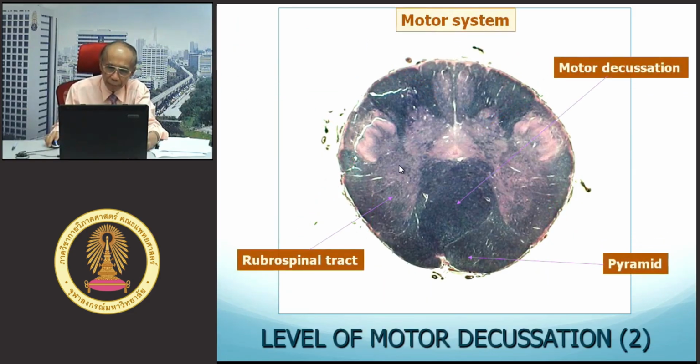The motor system includes the pyramid, motor decussation, and the rubrospinal tract.